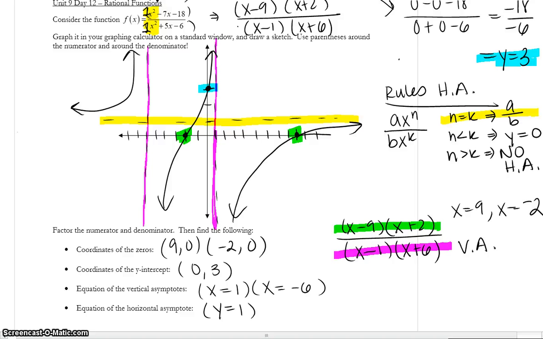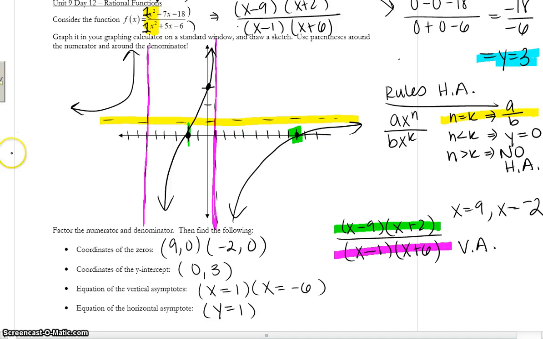So let's take a quick look at something here. I'm going to erase some colors here so that you guys can see. Why did my middle graph cross the horizontal asymptote, but my left and my right side did not?